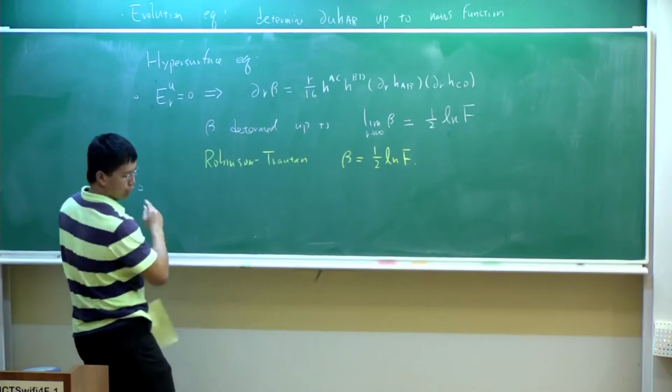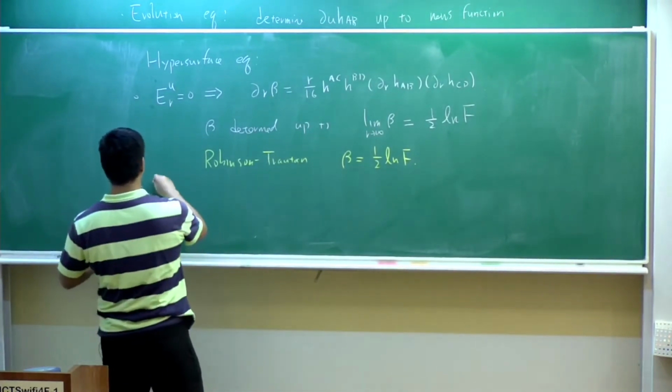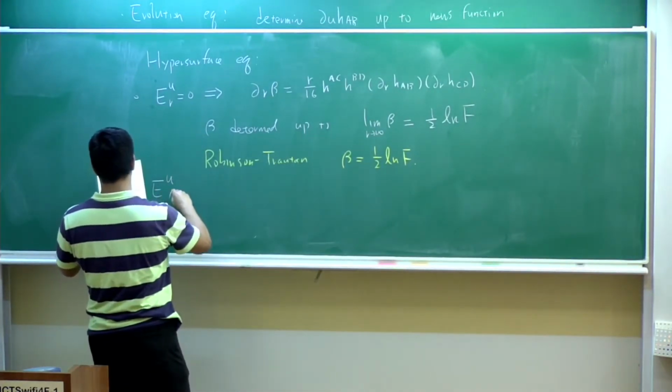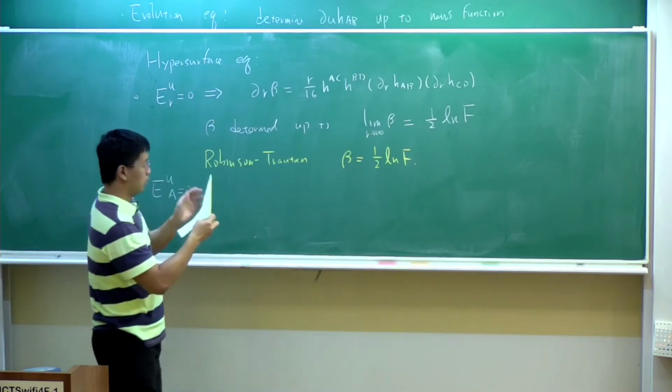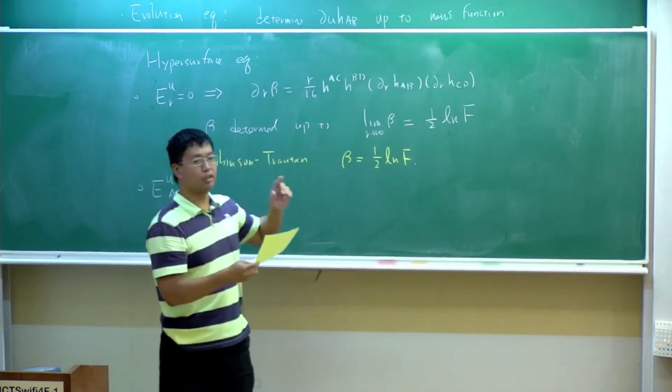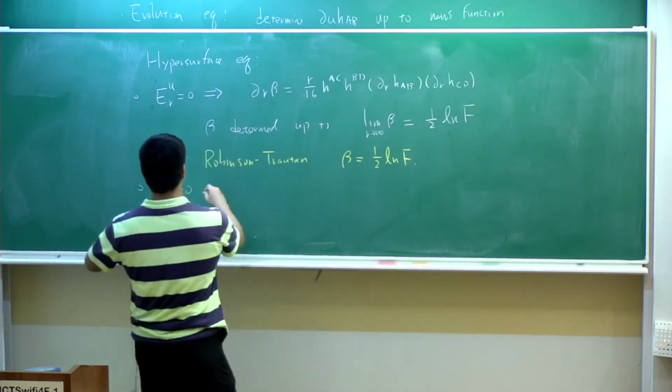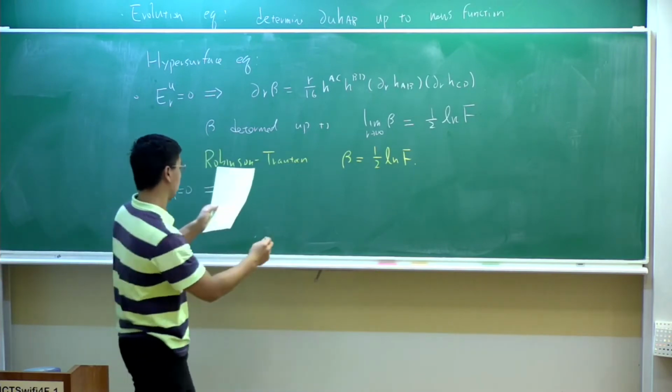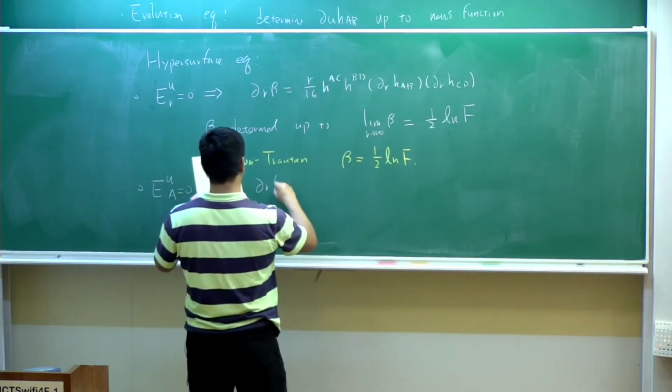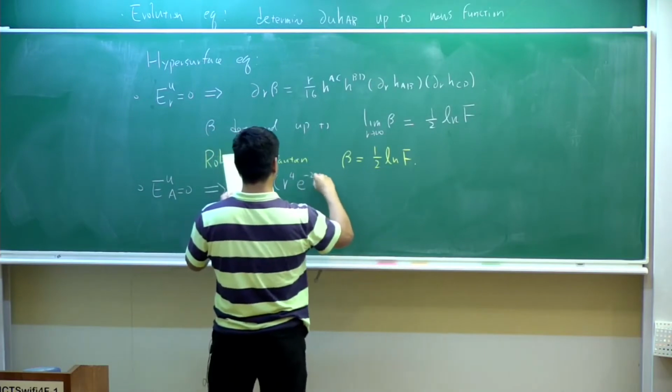Now the next equation, which determines U^A in terms of h and beta, will be this component of the metric, and this right-hand side we saw this morning.